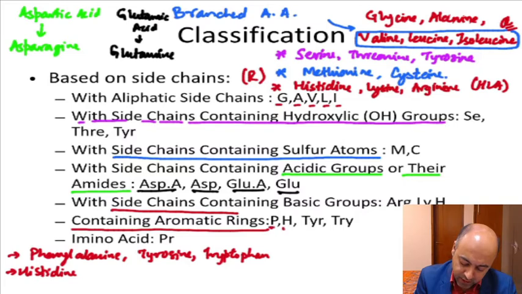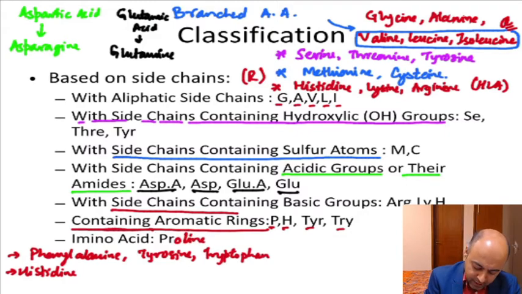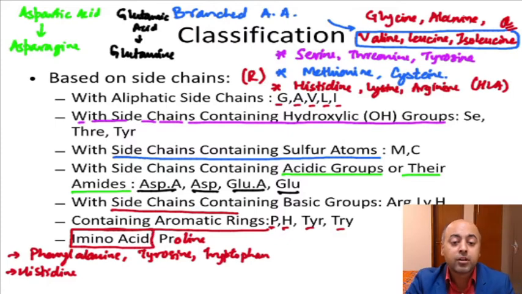So phenylalanine, histidine, tyrosine, and tryptophan are the amino acids having the aromatic ring in the side chain. And last, we have an amino acid which is commonly known as the imino acid. The answer is proline.